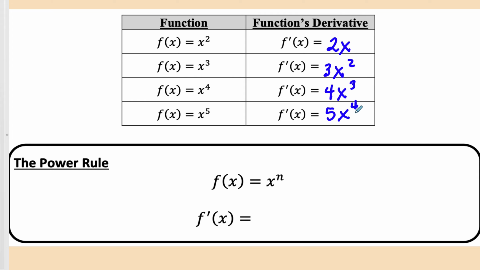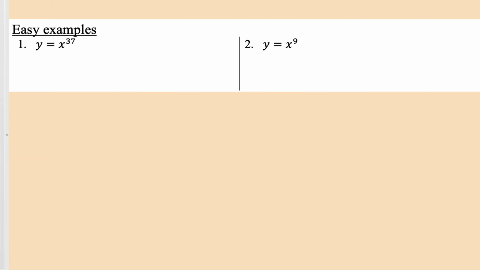So in general, the power rule is f of x equals x to the n, where n is the power. It'll be n, x, and then one less power. It goes down 1.